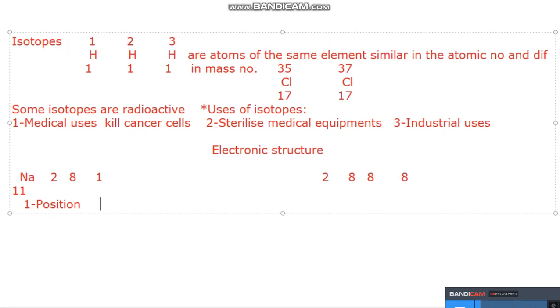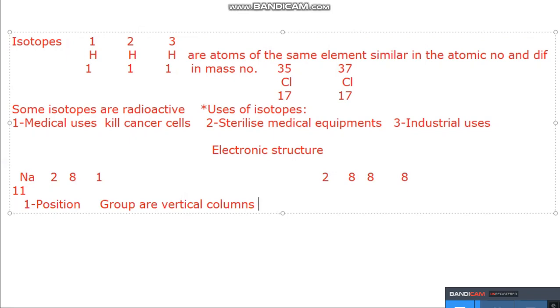The number of the group, what? Again, groups are the vertical columns.